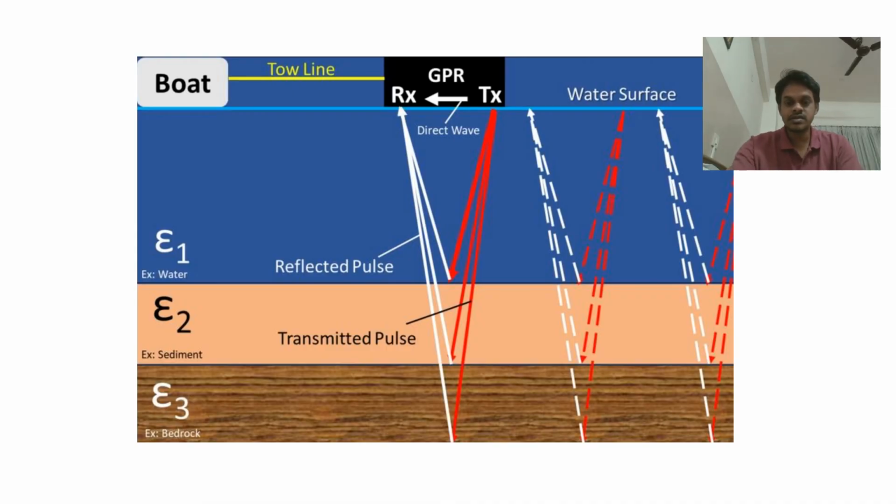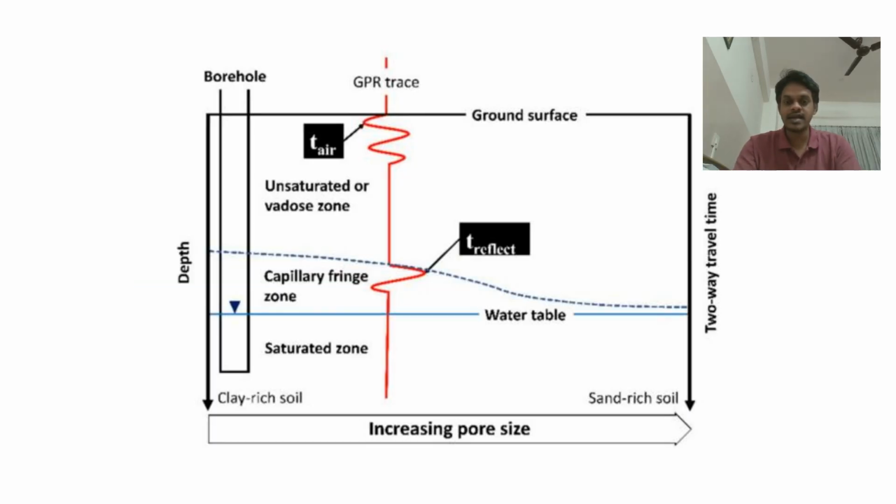This is why you have to understand the ground condition before going for a survey. You can collect data on the soil type, the moisture condition, and also the conductivity of that particular area.